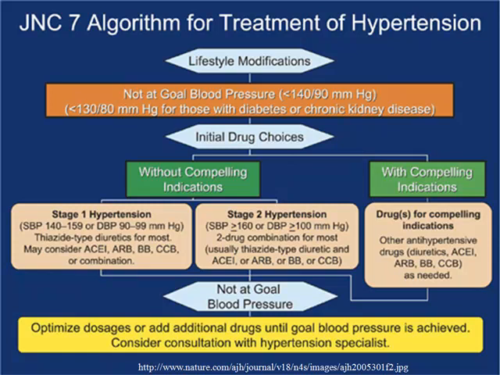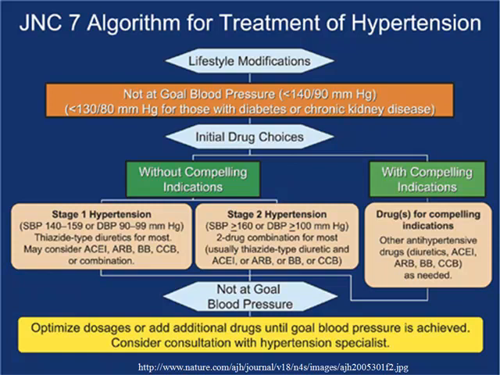Stage 2, a 2-drug combination. So if you have stage 2 high blood pressure, you need to start with 2 medications, okay? And then with compelling indications, you're going to pick whatever drug is specific for that compelling indication. If they're still not at their goal blood pressure, you may need to add more drugs or change categories.